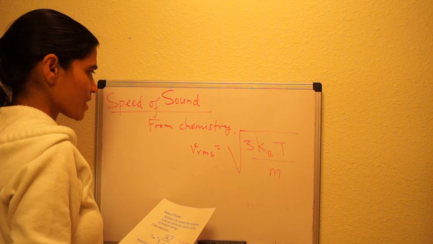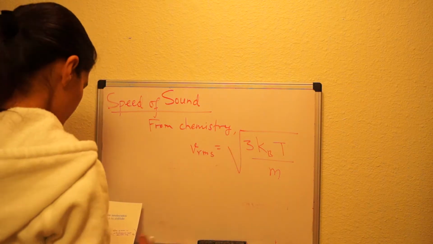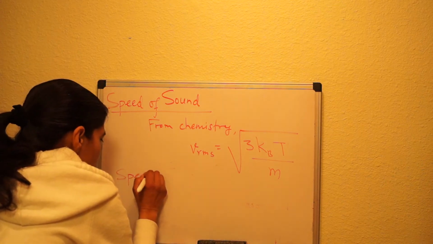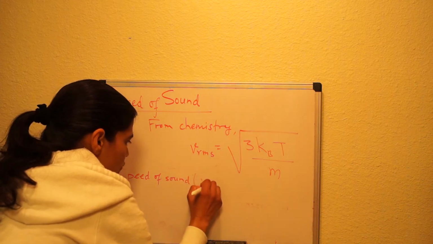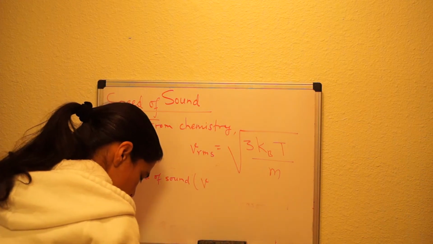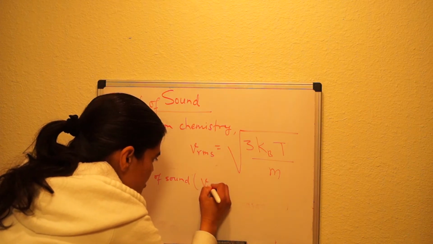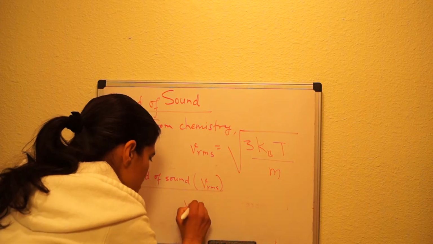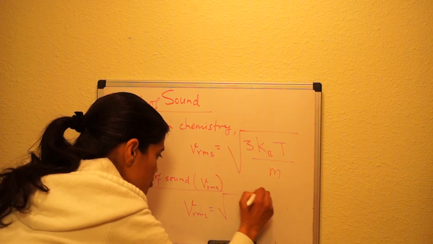It turns out that the speed of sound is also given by a very similar equation. Let us call it v_sound. v_sound is given as the square root of gamma k_B T over m.